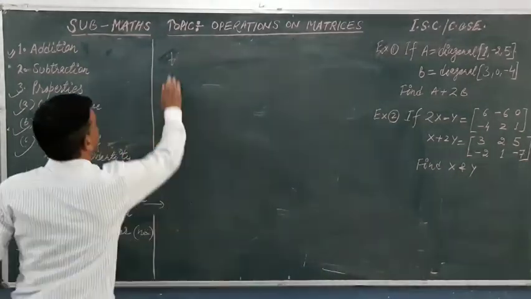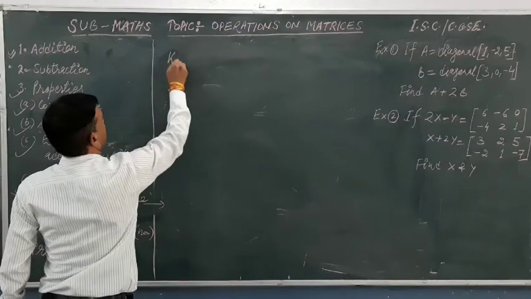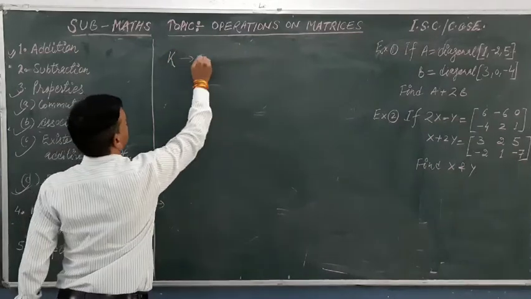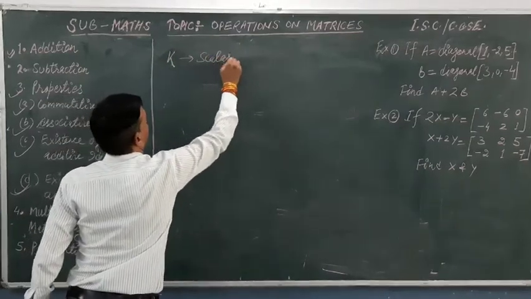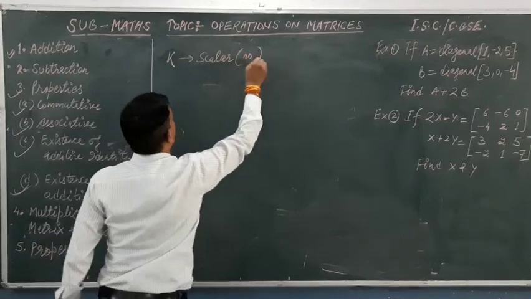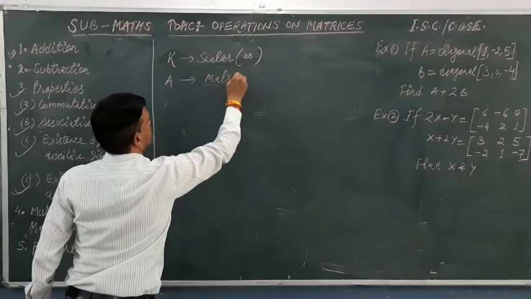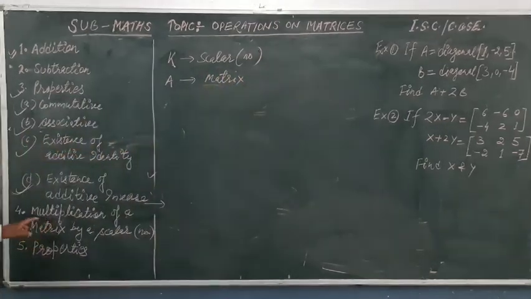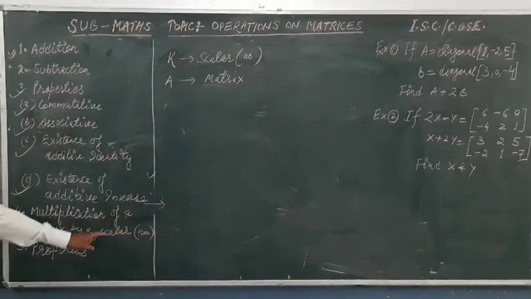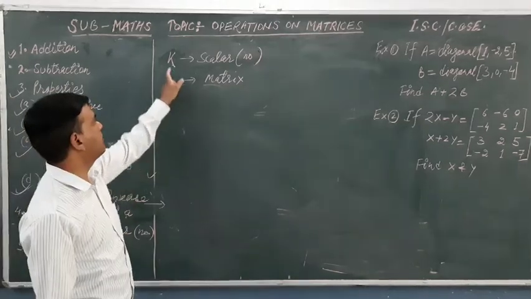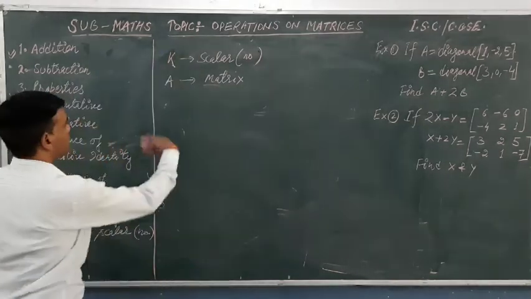For example, suppose I have a scalar K, which is any number, and any matrix A. So what is the property here? Multiplication of a matrix by a scalar.